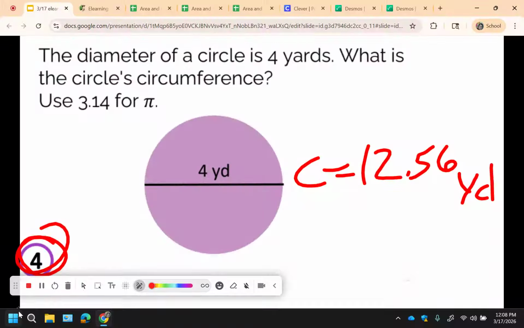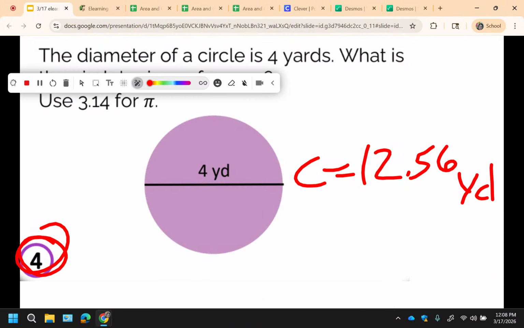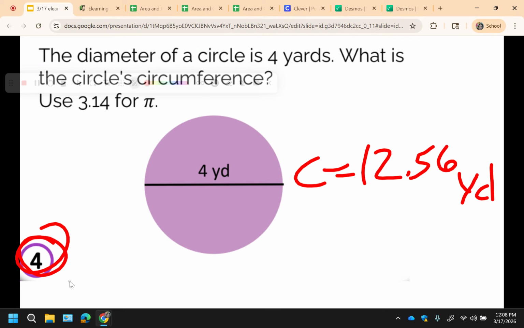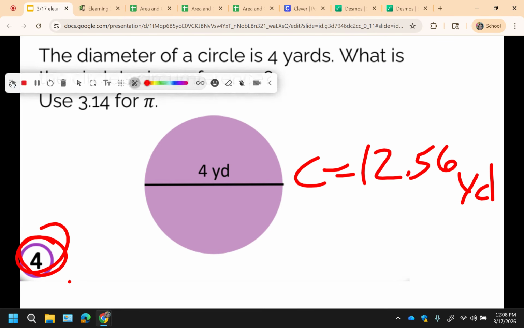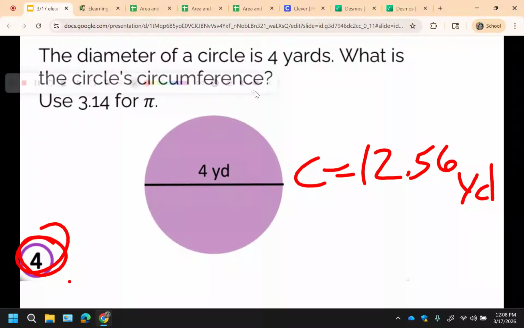All right, so the next two are working backwards. So that's where you're going to have to make sure you're paying attention to what we're doing next. Okay. I'm going to go to the next slide. Let me go to the next.